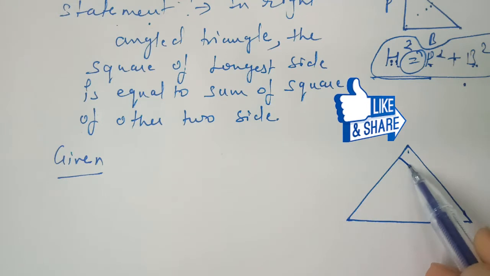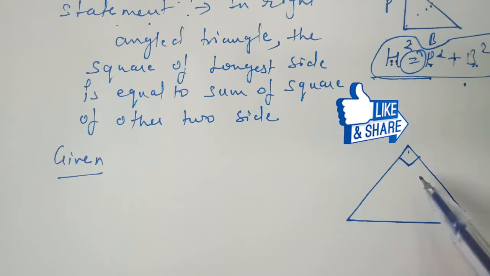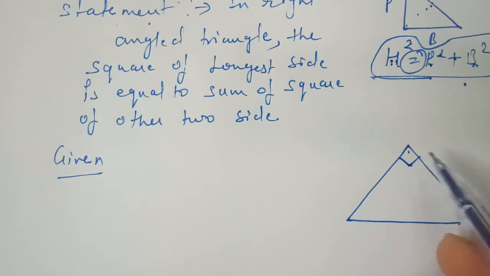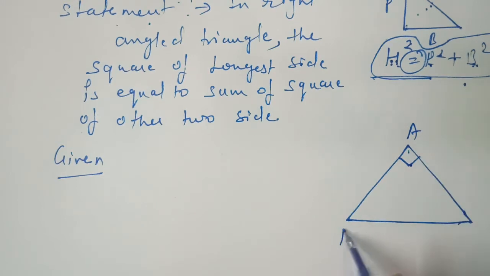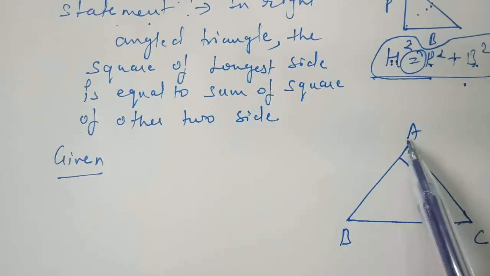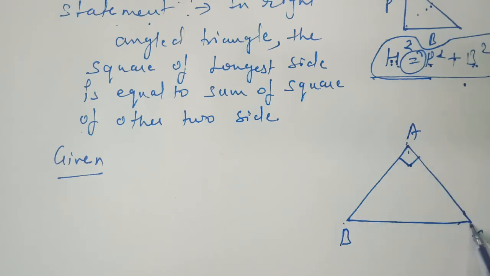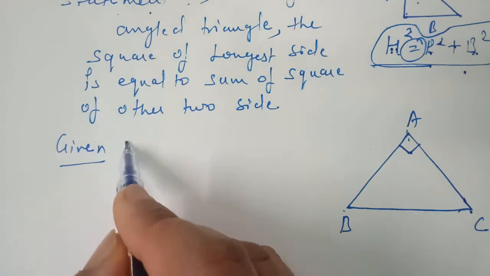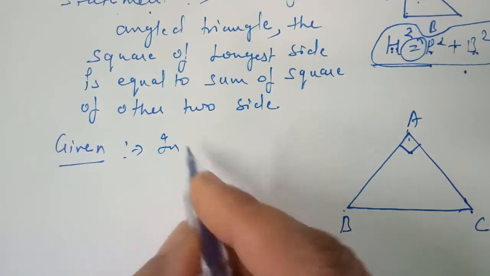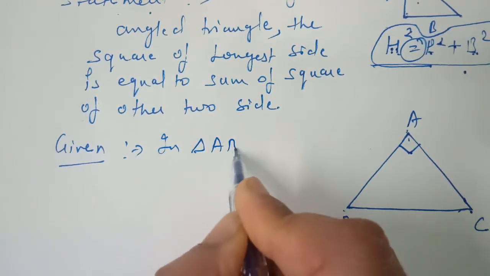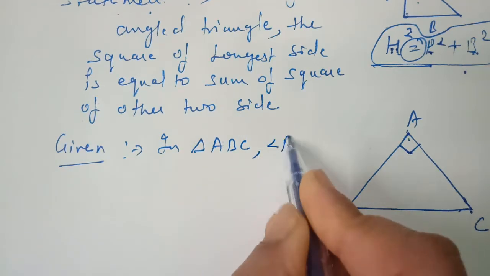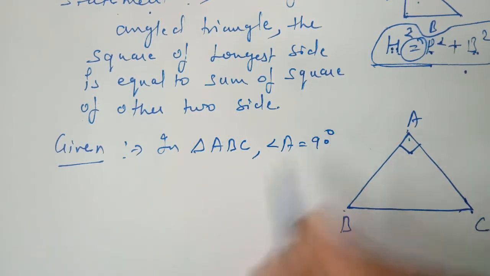Here we are taking this vertical angle as 90 degrees, so this is right angle triangle ABC. What is given? Triangle ABC in which angle A is equal to 90 degrees, you can write 90 degrees or right angle.